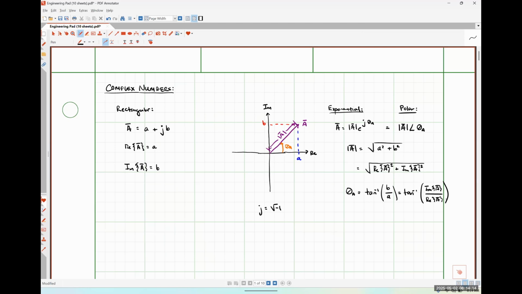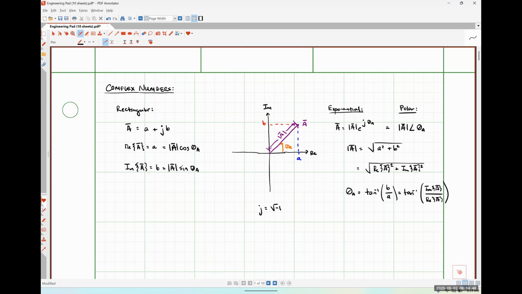So it would be helpful if we could potentially go the other way around, right? So our real part is simply going to be the magnitude times the cosine of that angle, theta A. And the imaginary part is just our magnitude times the sine of that angle, theta A. And so now we've got enough information to go back and forth at will.